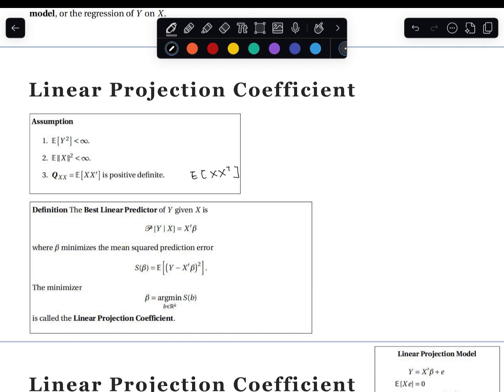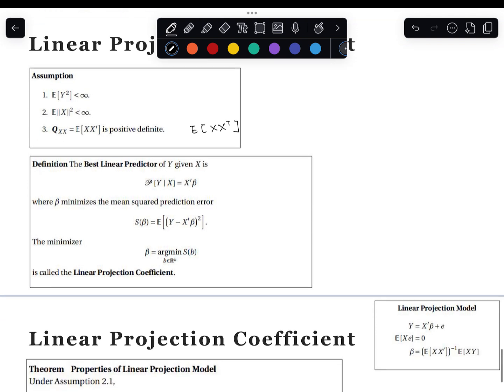It's kind of similar to the third property of the inner product space. And we define the best linear predictor of y given x as x transpose beta, where beta minimizes the mean squared prediction error.